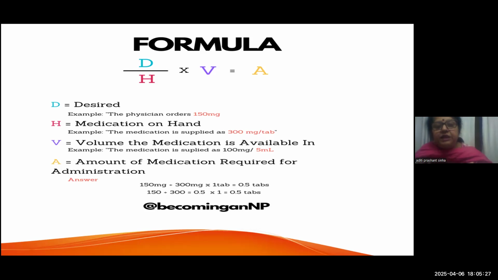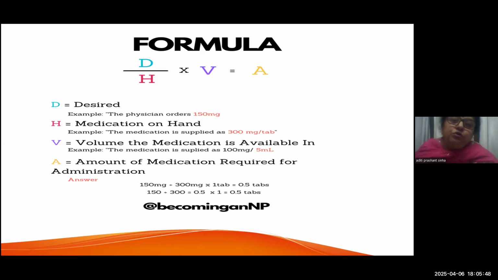For example, the physician orders 150 mg and the medication on hand is 300 mg. The volume of medication, say 100 mg per ml. It's a syrup which is available in 100 mg per 5 ml. So how do I calculate?